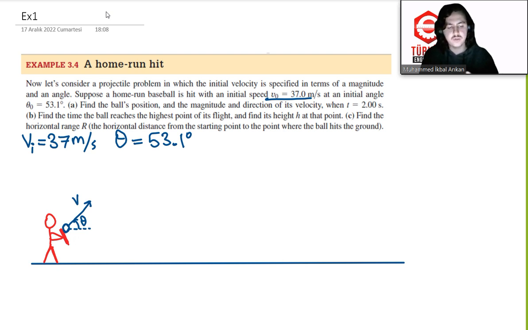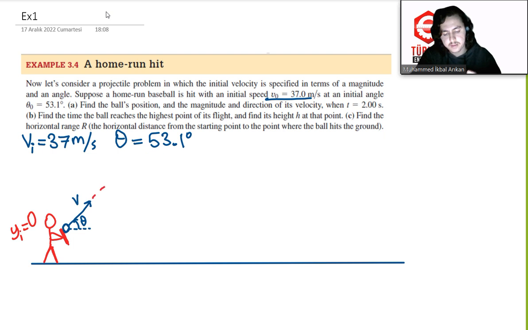So let's draw the path to understand the idea more. Actually, I will assume that this guy is hitting this ball from an initial height which is 0. So I will neglect the height of the guy. You can say that y initial is equal to 0. So it will go up.